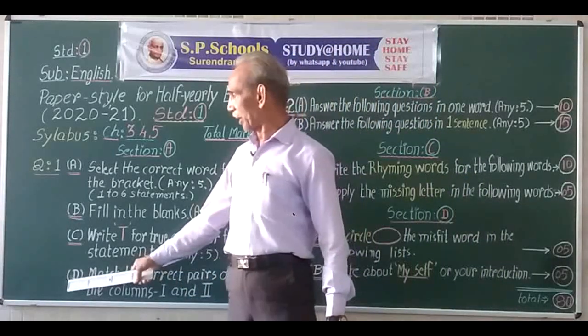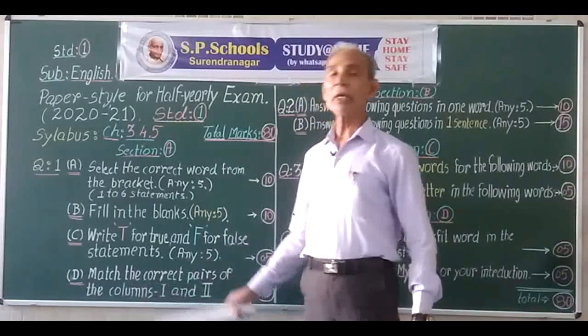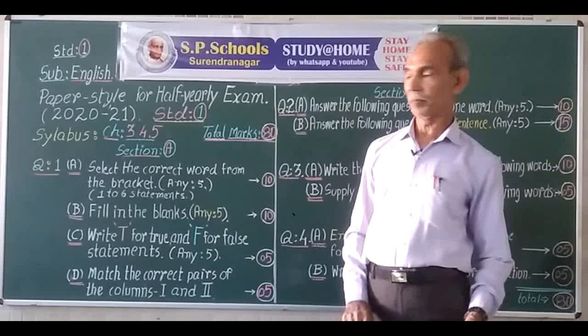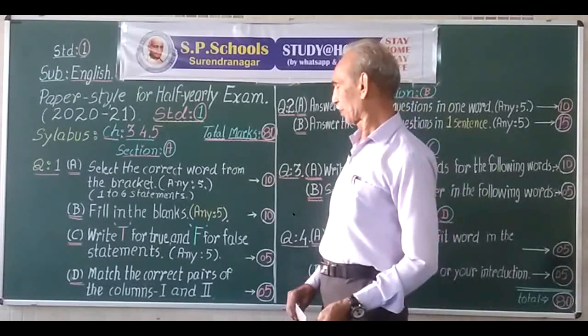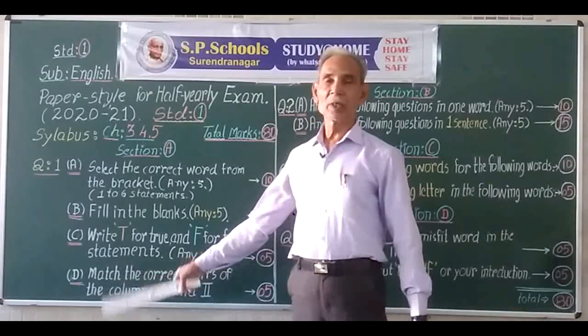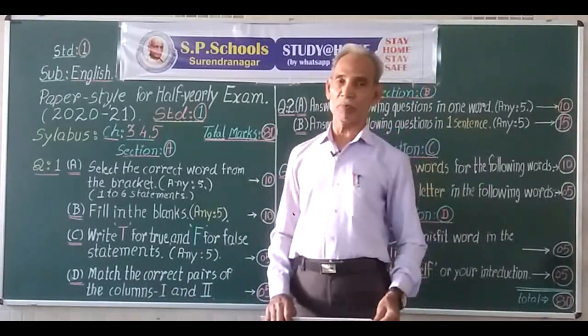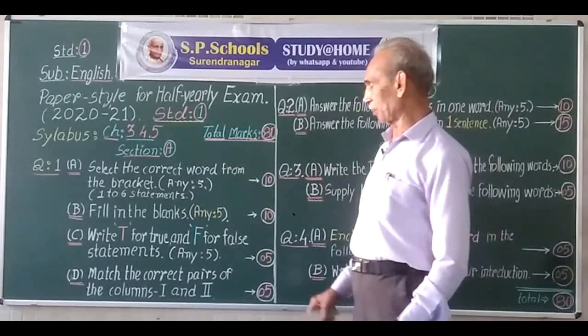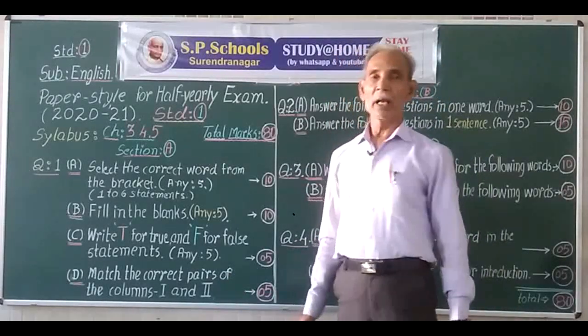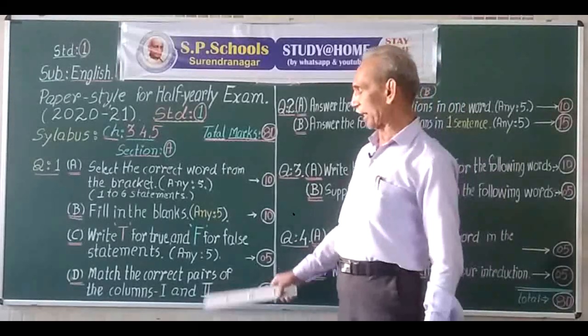Question number 1D. You will be given 2 columns. There will be numbers 1 to 5 in the first column, and A, B, C, D, E, F in the second column.